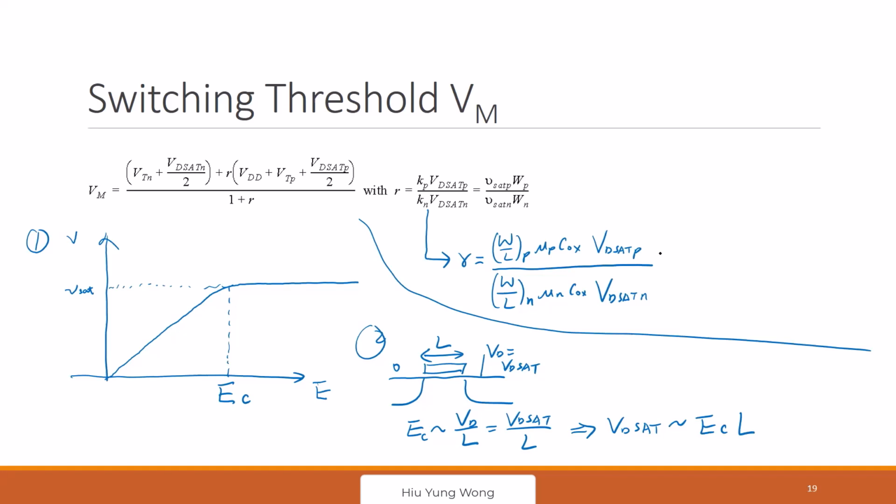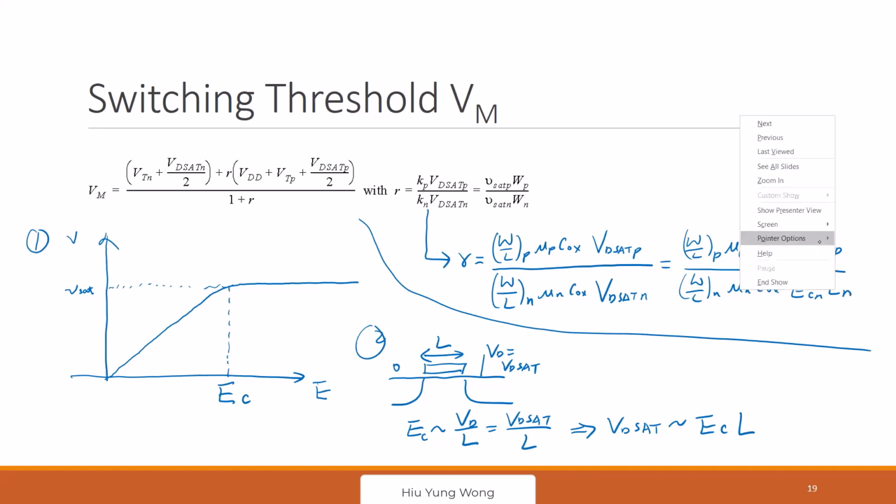Okay, so this one becomes W over L_P times mu_P times C_ox times the critical electric field of the hole times L_P, divided by W over L_N times mu_N times C_ox times the critical electric field of the electron times L_N. Is this okay? Then L got cancelled, C_ox are the same.